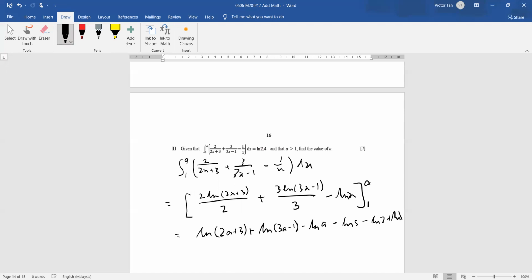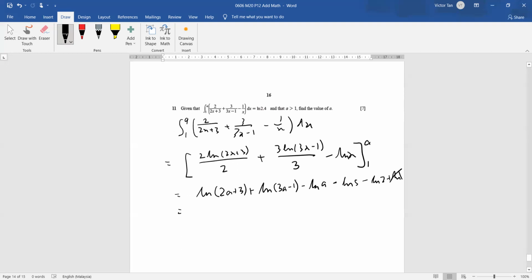Okay, ln 1 is 0, so just cancel this off. Using the laws of logarithm, this will be simplified to (2a plus 3)(3a minus 1) over the denominator, 5 times 2 times a, which will be 10a. So this is given as ln 2.4.